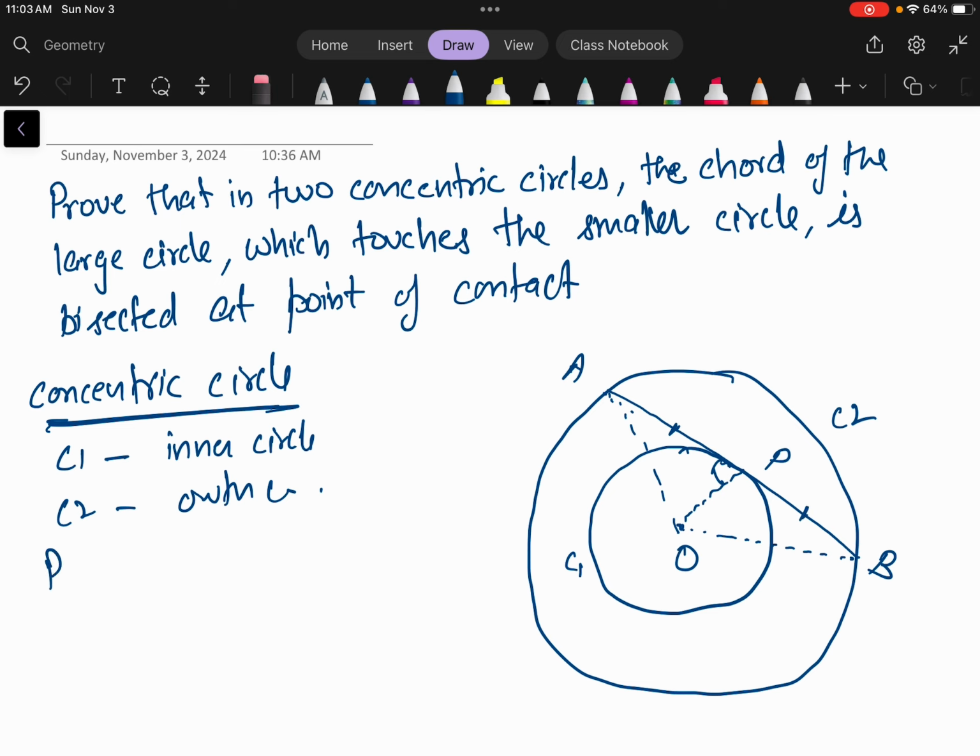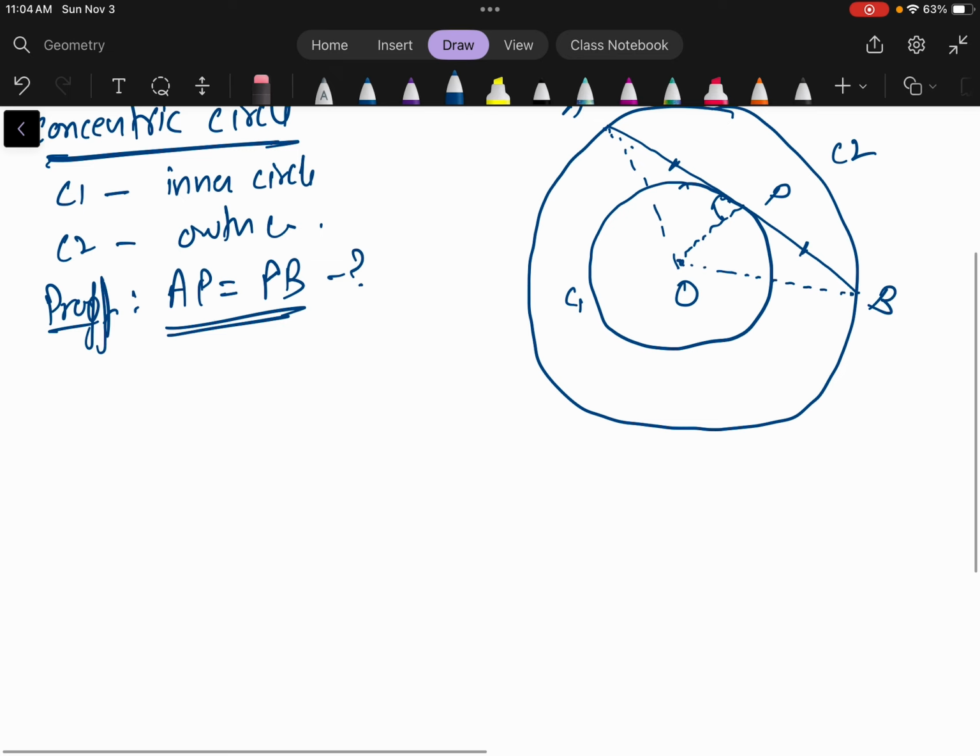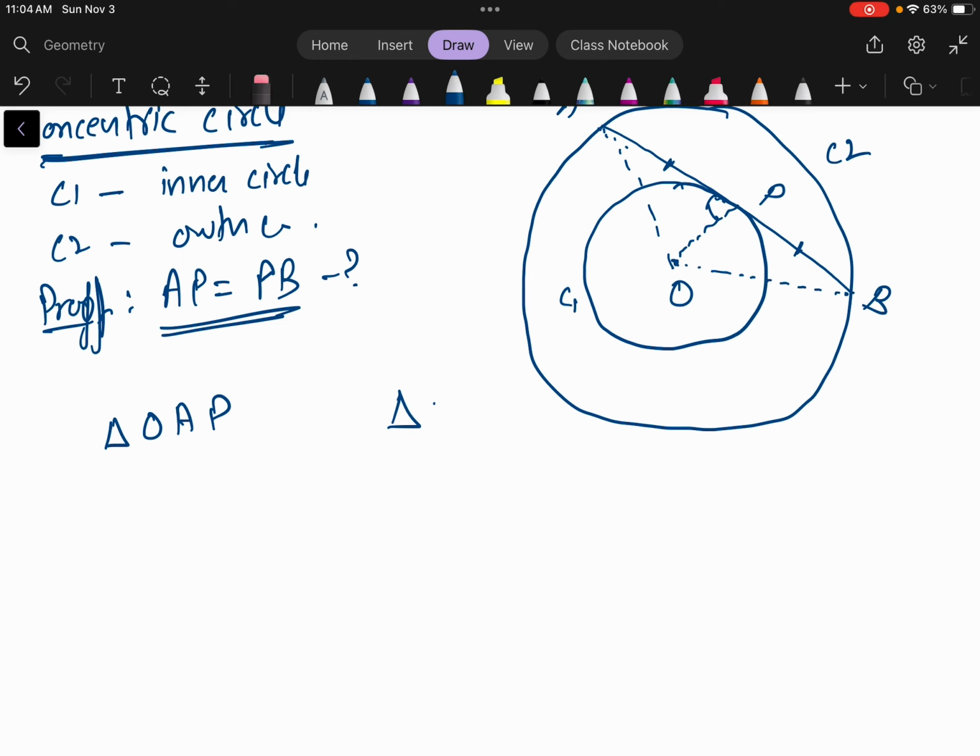So what we have to prove is that AP is equal to PB. How will we prove it? We'll take two triangles, triangle OAP and triangle OPB.